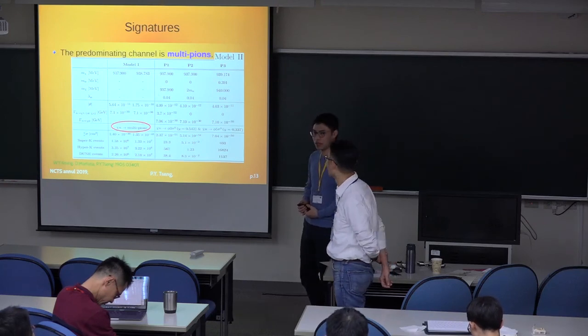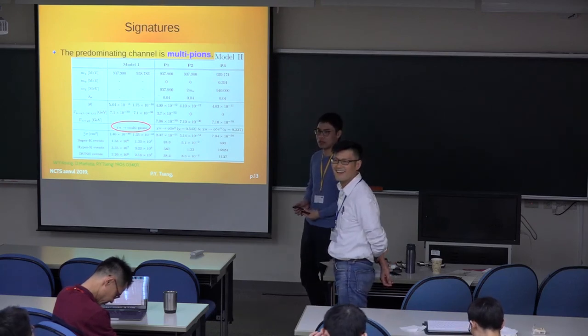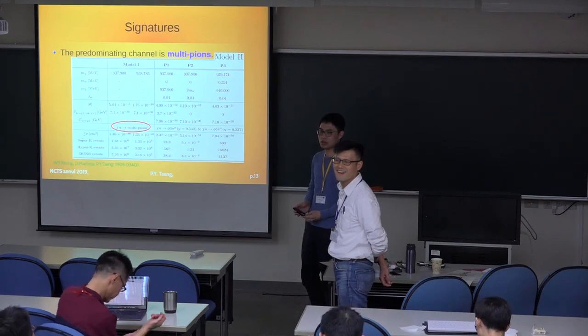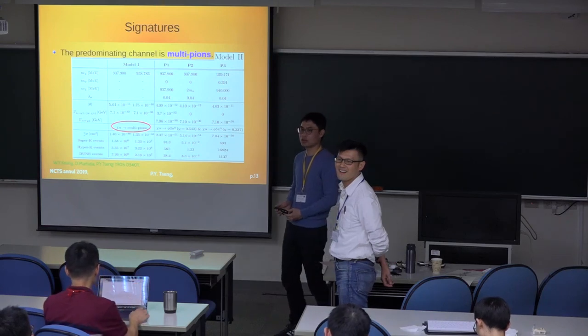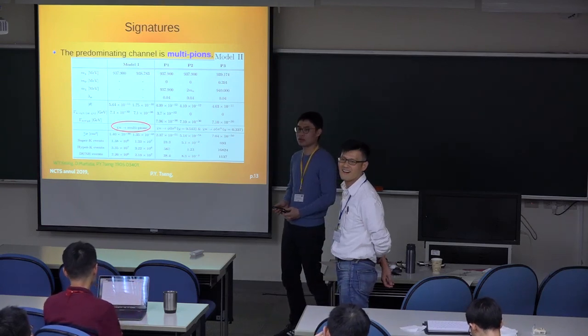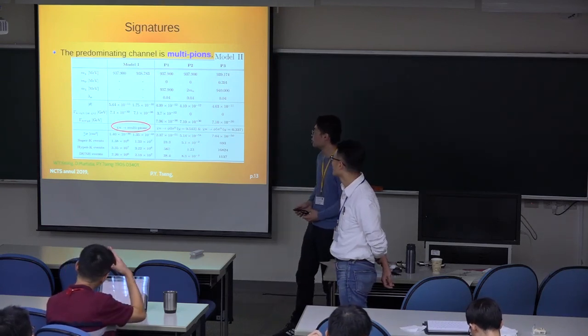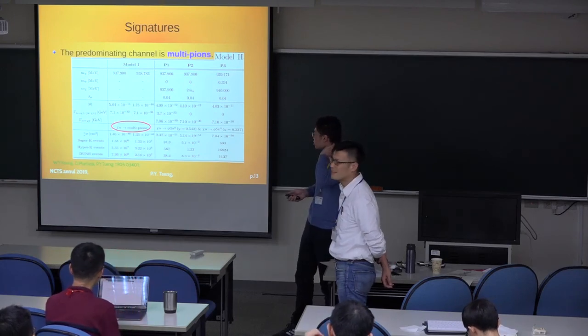The early residue, they annihilate. There is some residue. Yeah, but do you assume that all the dark matter is made of chi?